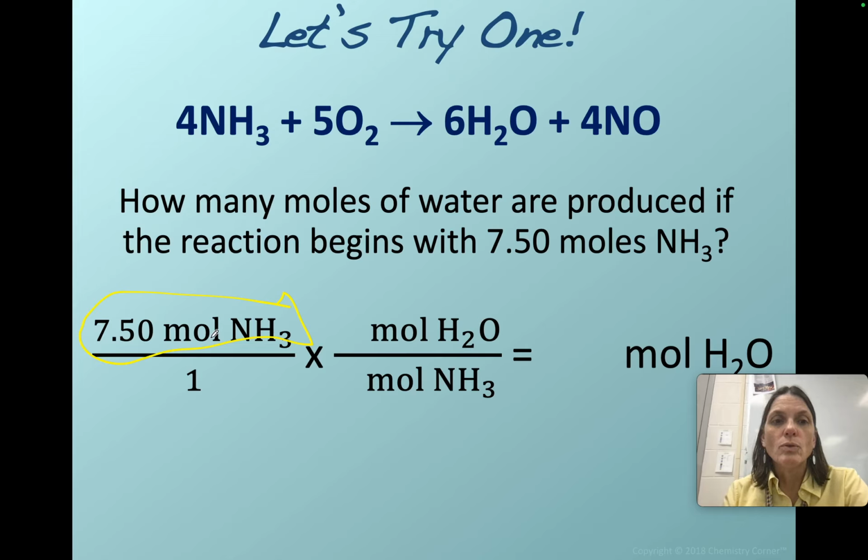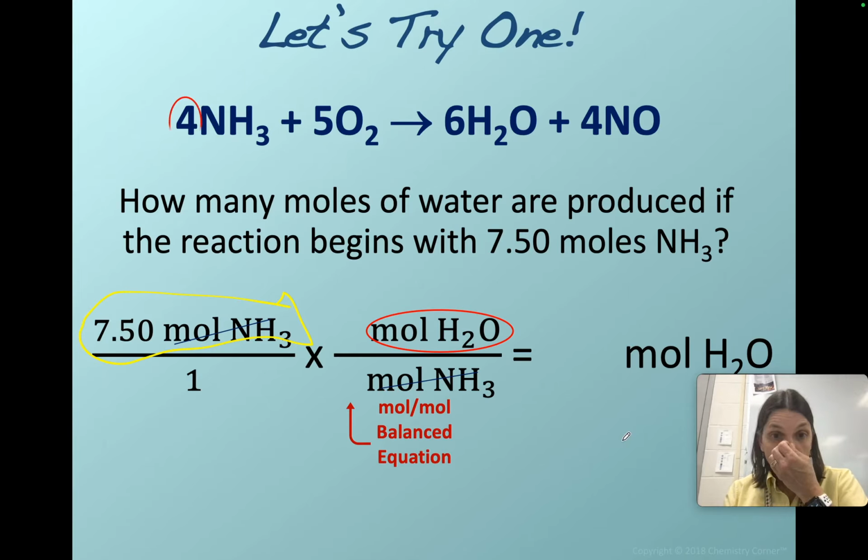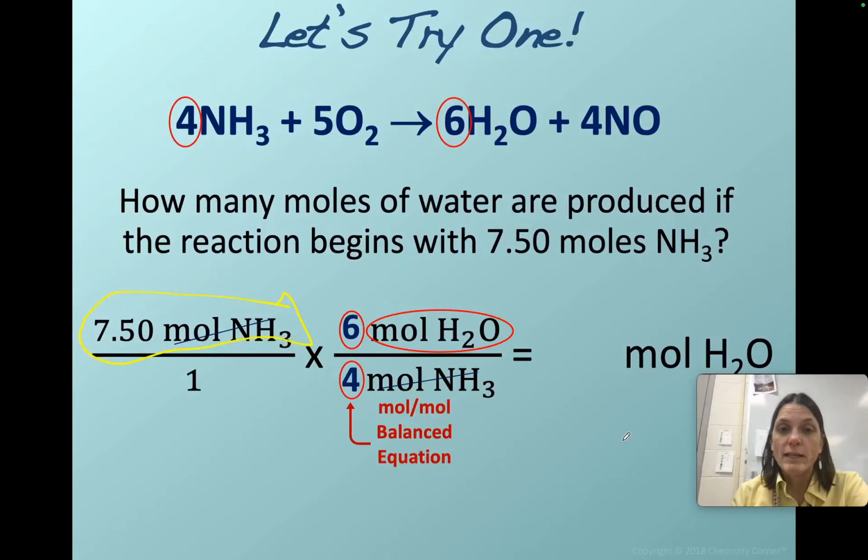Notice that we have moles of NH3 here. That's our starting number. We want our answer to be in moles of water. Okay, now we need to put in the coefficients from the balanced equation. All right, so for every 6 moles of water that are produced, we need to react 4 moles of NH3. So there's our mole ratio right in the middle.